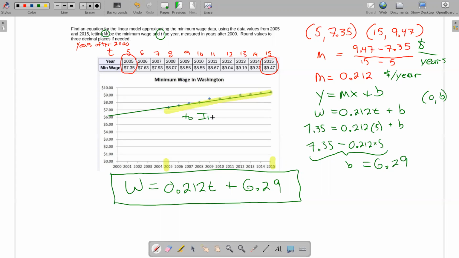So to interpolate is to make a prediction with your equation within the range of the data.